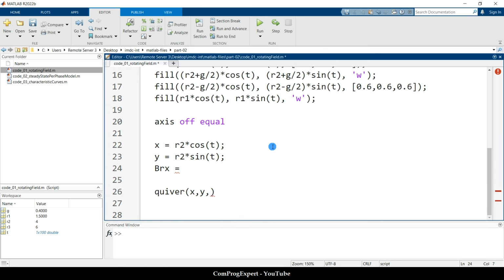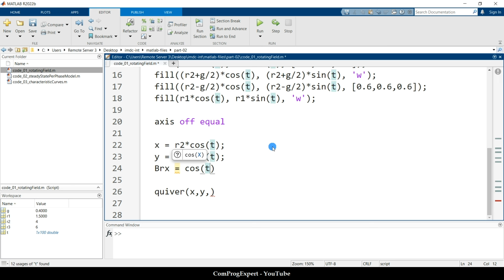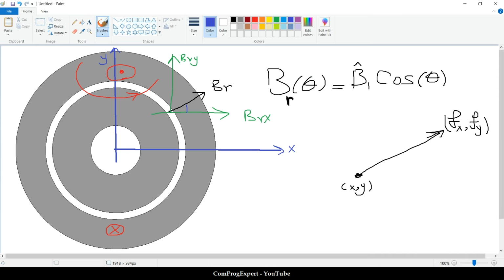Let's consider it 1, it is not important here. So simply I write cosine of t times cosine of t. Here I should write the B1 peak value. I considered it equal to 1. If you want to consider the real number, yes, you can use that.